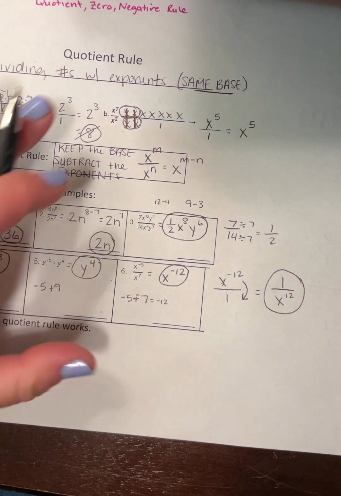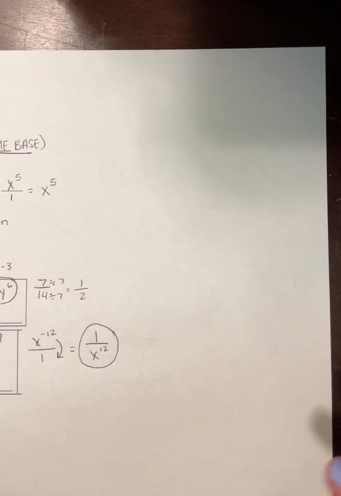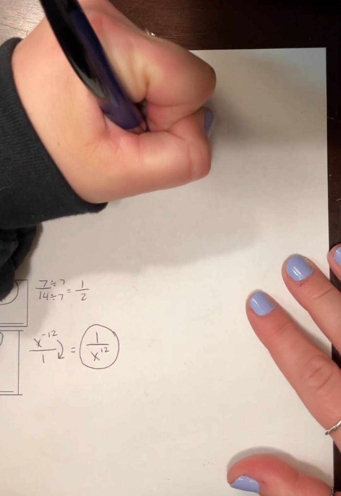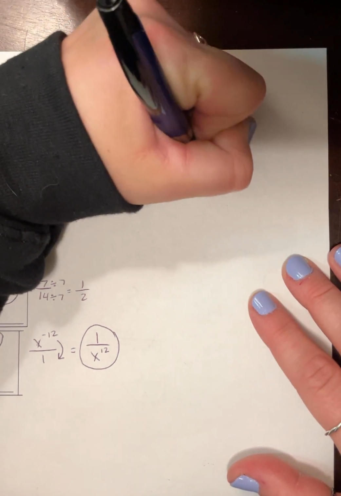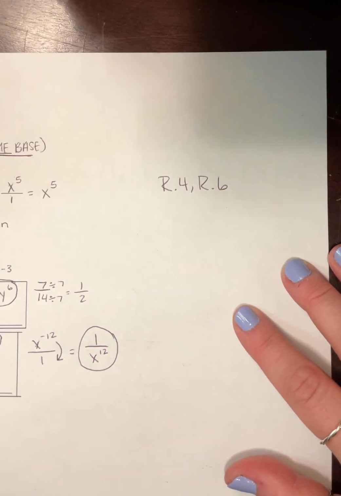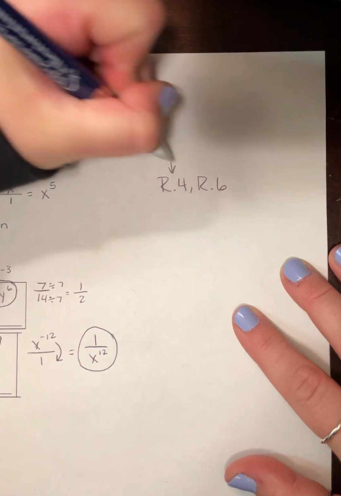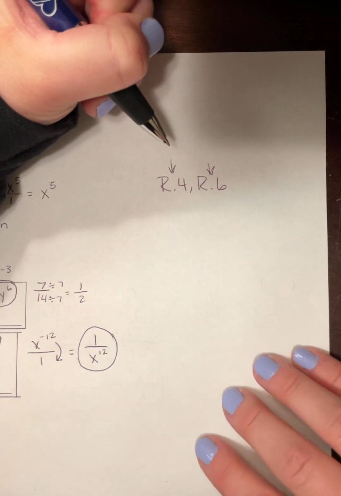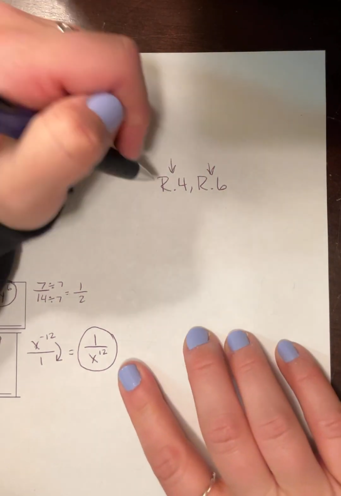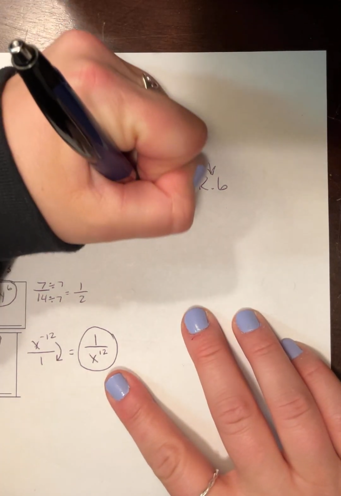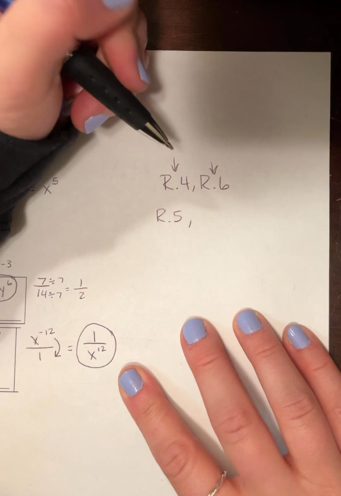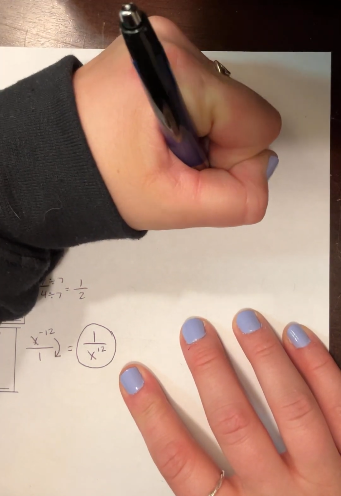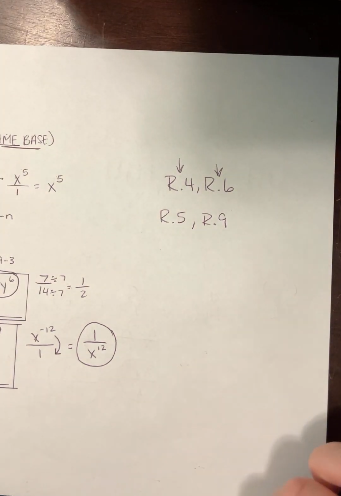Otherwise, or when you finish that, your new teacher-assigned IXLs, you might have already seen them, and some of you got a head start on Friday, are R4 and R6. That's the product rule and the power to a power. And the new ones that I'm adding now that you've done these rules are R5, which is the quotient and the negative exponent rule. And then R9, which is just kind of everything mixed.